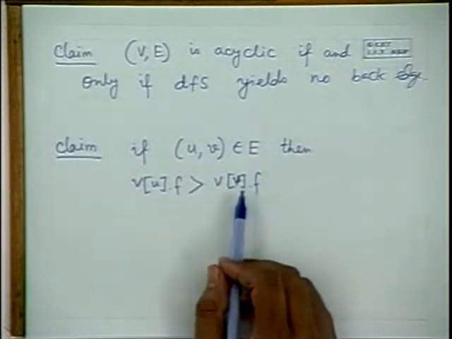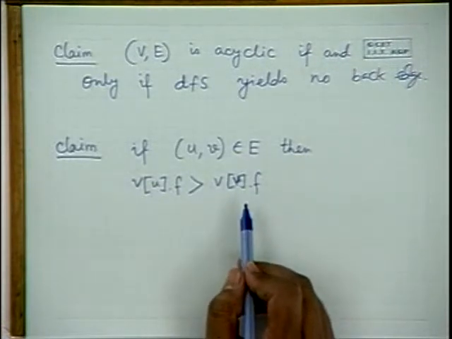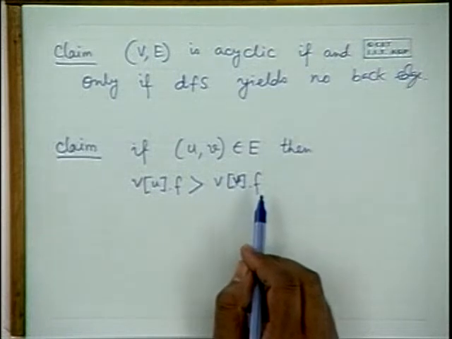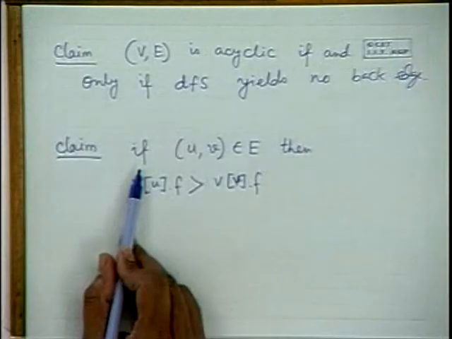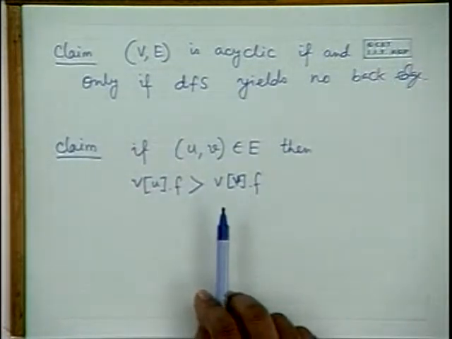You first run the DFS and output a vertex whenever it is finished. What does it mean? From this claim, it means you are outputting the vertices in the reverse order of the topological sort, because you are outputting the vertex whenever it is finished.